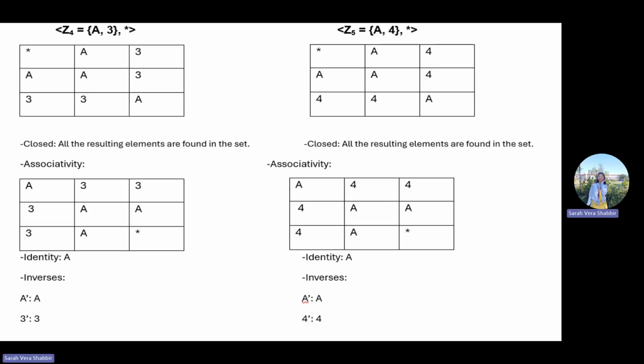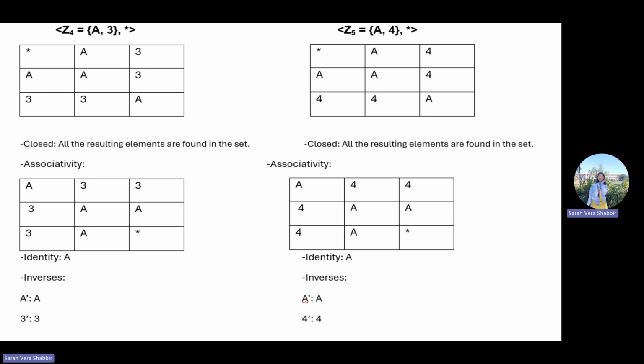For the next one, we have Z sub 4 that has the elements A and 3. Just like the first two, it is also closed because all the resulting elements are found in the set, and it forms associativity because when we rotated it 180 degrees, it formed the same table as our original table, and it has the identity element A and the inverses, wherein the inverse of A is A and the inverse of 3 is 3.